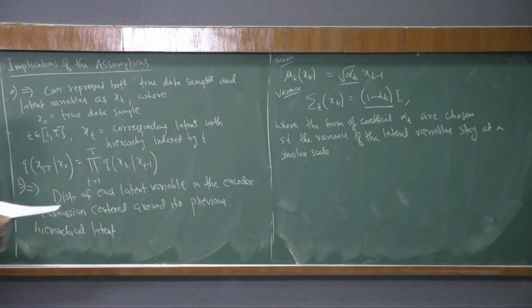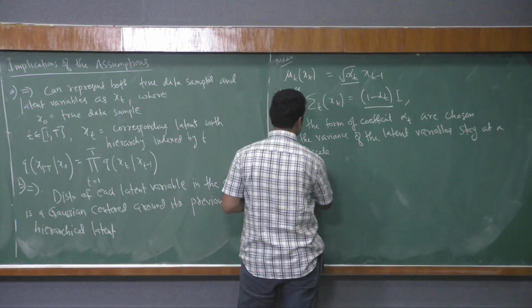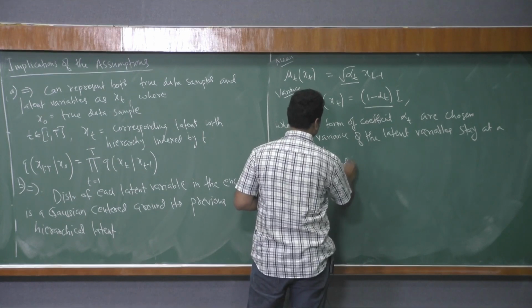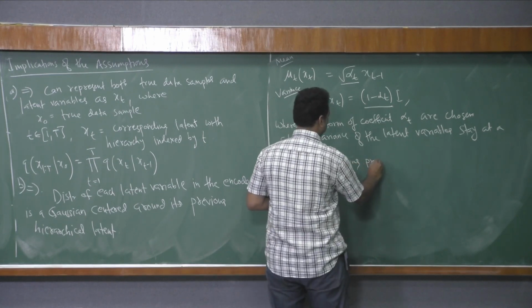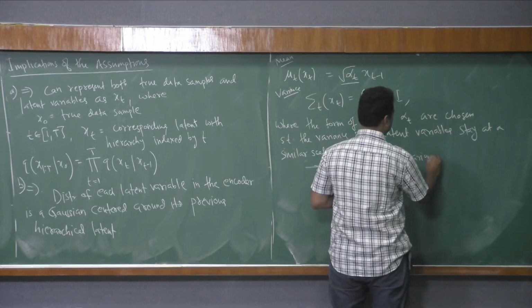I'm not making it very precise right now. These alpha t's will be chosen in a way that the variance, when I go from one step to the next, remains at a similar scale. In other words, the encoding process is variance preserving.